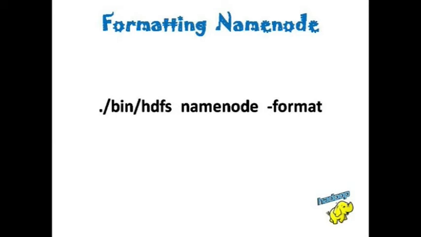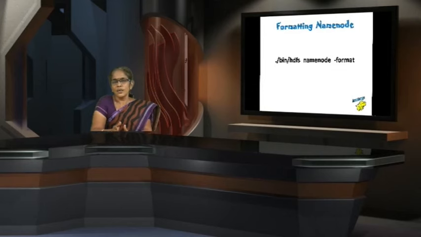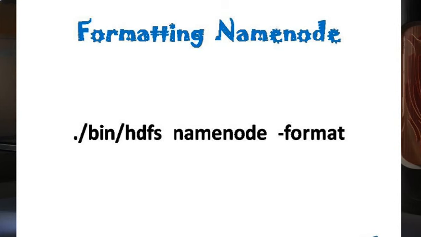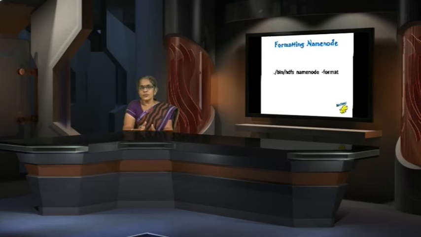One directory is bin. This directory has many commands. What we have to follow here is bin/hdfs namenode -format. This is the command. This formats the name node, and by that your machine is ready to store the data in the HDFS file system.